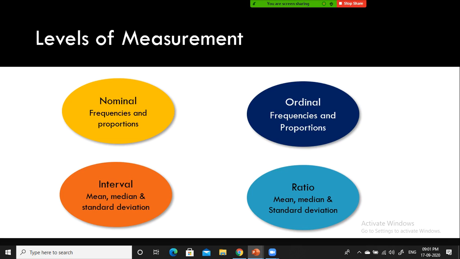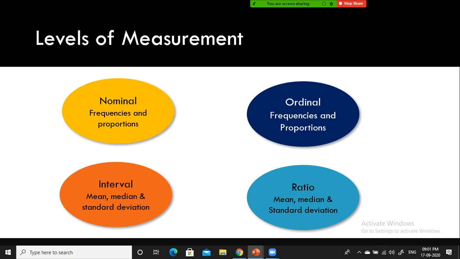If you take the average on this column, it doesn't make any sense. So rather we take the frequencies, the number of occurrences of the north category, the number of occurrences of the south category, and so on. We can also take percentages or proportions, but you cannot perform any arithmetic operations like mean, median.